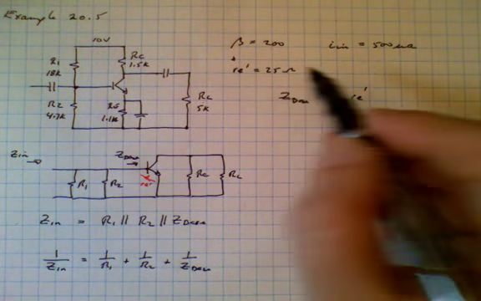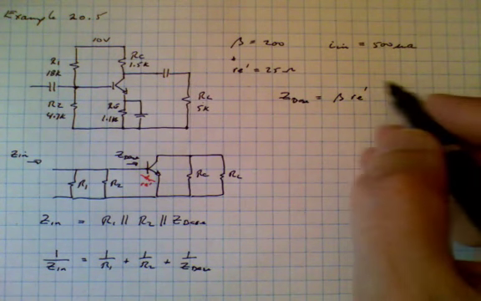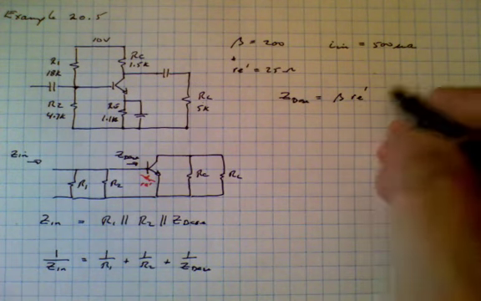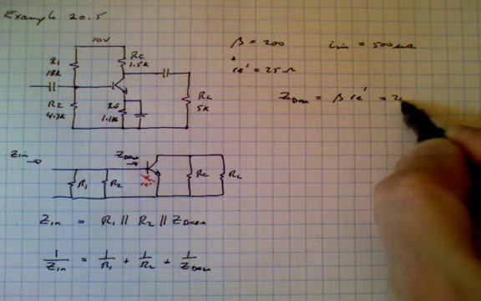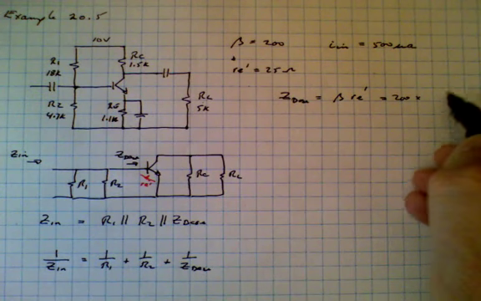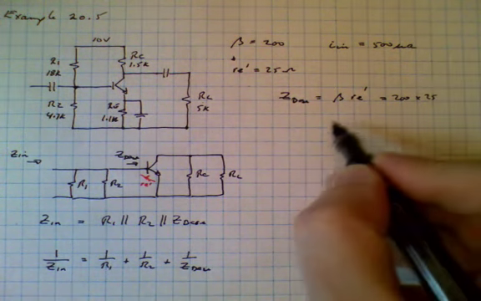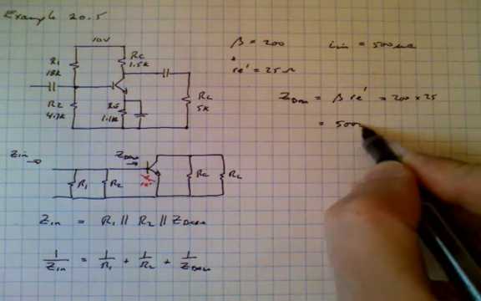And in this case, we're given Re prime, so we don't have to calculate the emitter current to find it. Beta is given to us as 200. The emitter resistor Re prime is given to us as 25 ohms, and so Zin at the base is equal to 5,000.